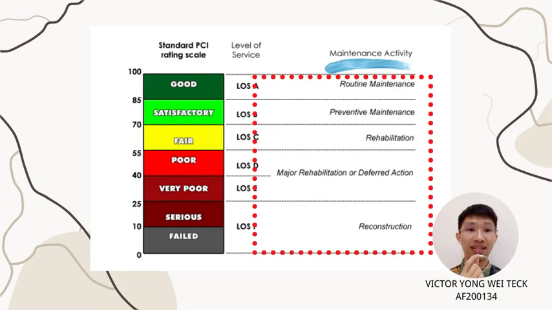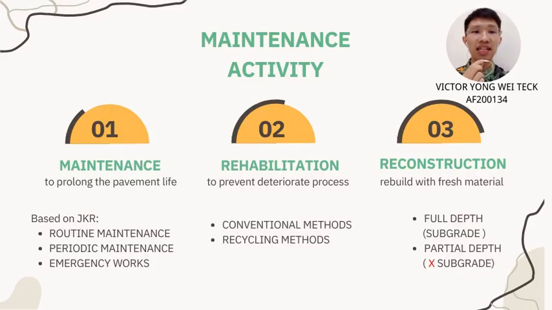According to the PCI scale, the maintenance activities are routine maintenance, preventive maintenance, rehabilitation, major rehabilitation, and reconstruction. Maintenance activities can be divided into maintenance, rehabilitation, and reconstruction. Maintenance is a technique to prolong the pavement life.